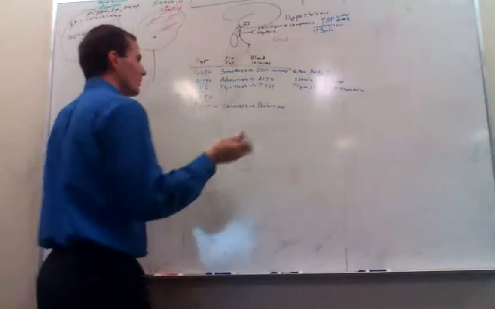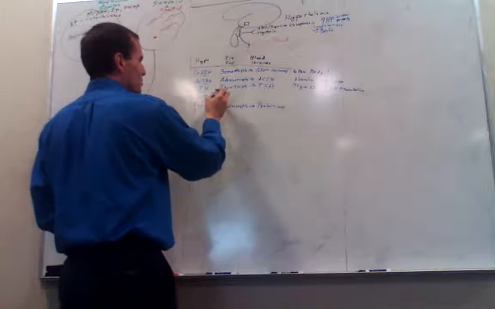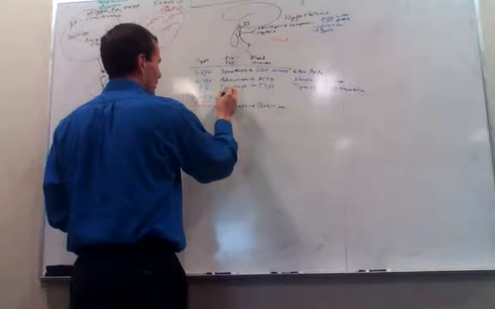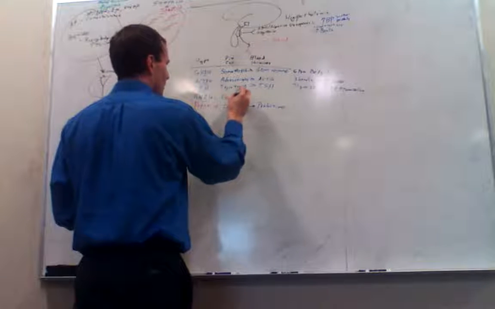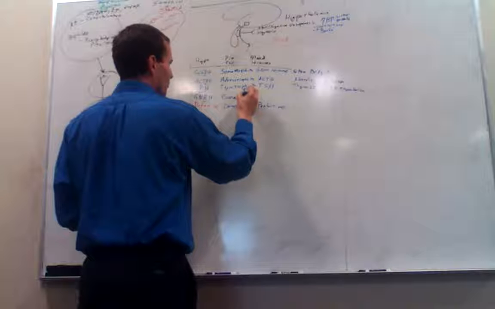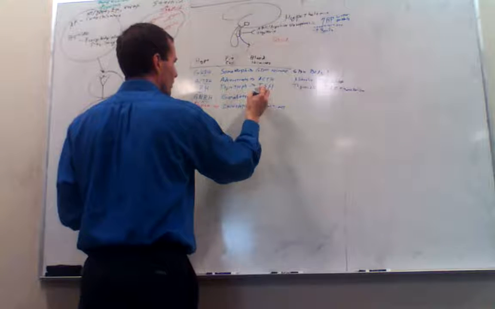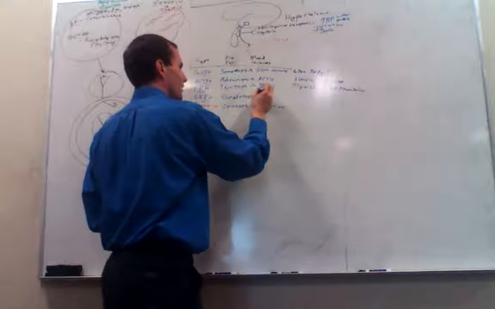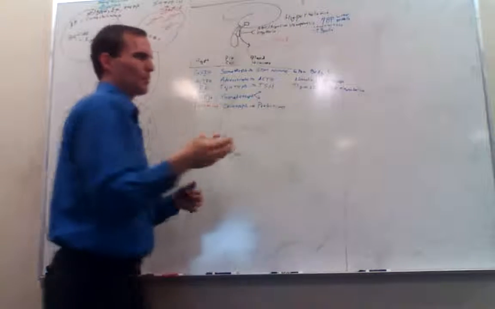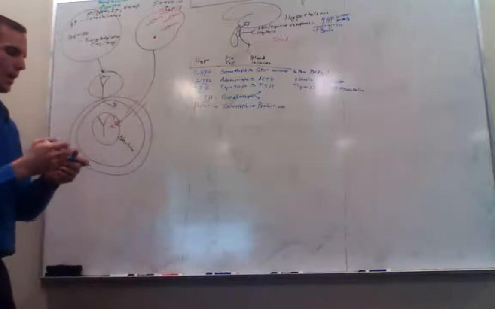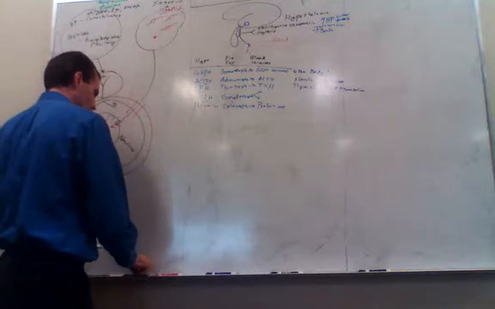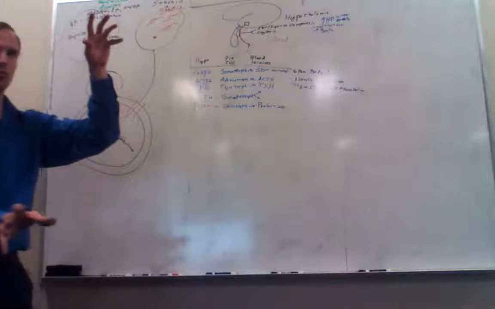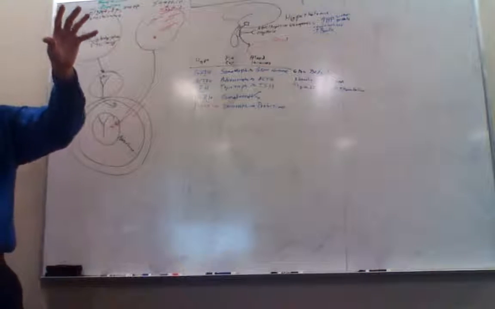All right. So then we have GnRH, which is gonadotropin releasing hormone. And that's going to go to the gonadotrophs. And the gonadotroph is going to go ahead and release two things, because gonads are the reproductive organs. And there are two sides of the reproductive story for both men and women. So we have one hormone that controls one side of it and another hormone controls the other side of it.